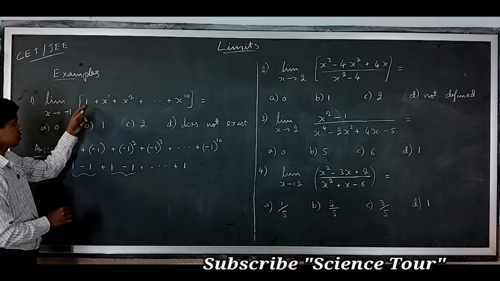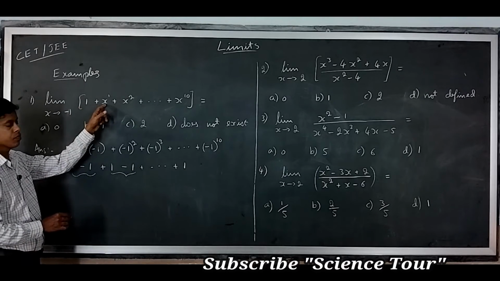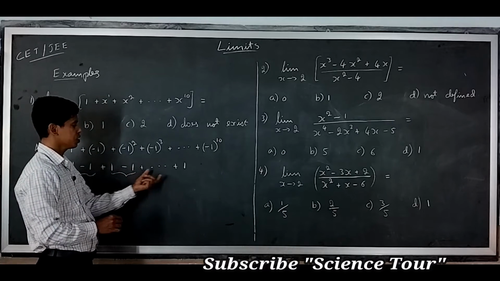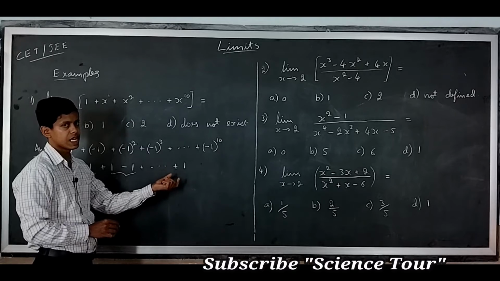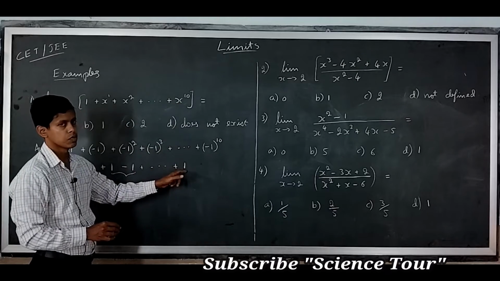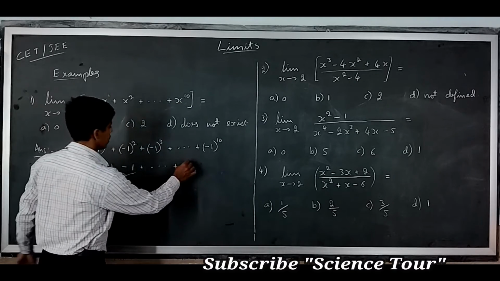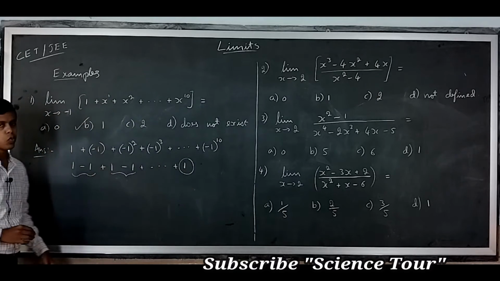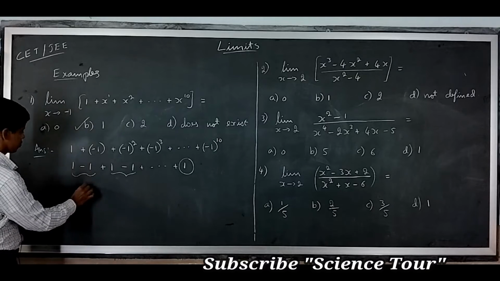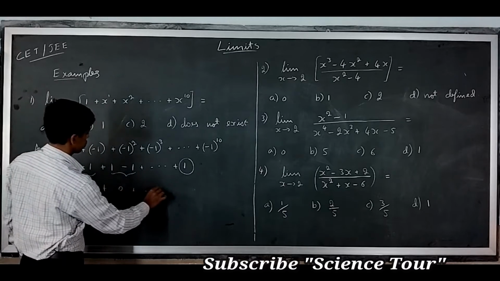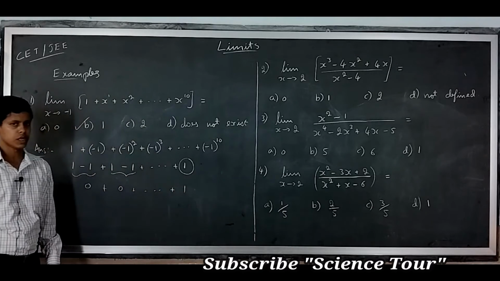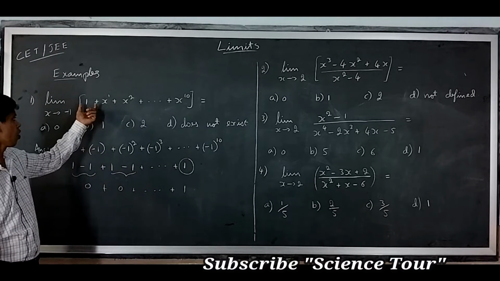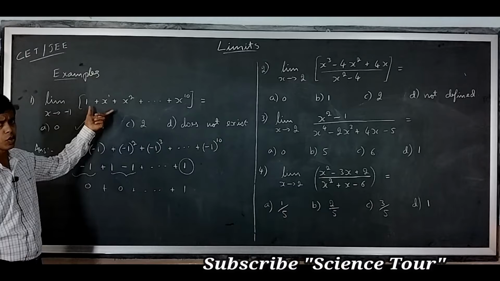Look at this: the first and second, third and fourth, fifth, sixth, seventh, eighth, ninth and 10th. This is the 11th term. So what remains is 1, therefore the answer will be 1. All others will be zeros. Hence this is a question based on your knowledge of polynomials.